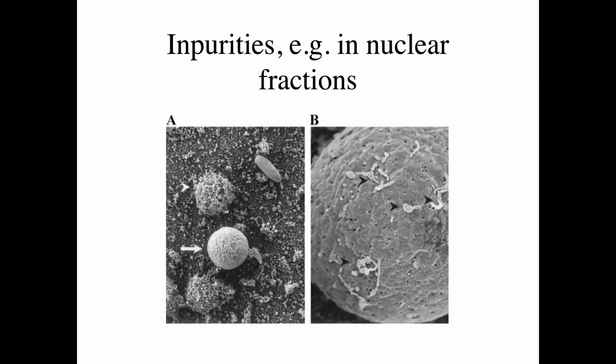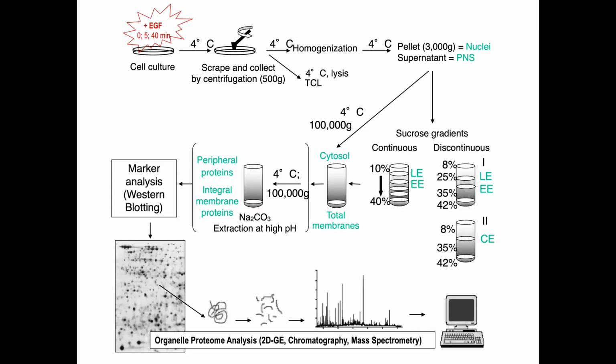So these are membranes of the endoplasmic reticulum. And you know, there is no surprise why the endoplasmic reticulum would distribute with the nuclei, because the outer nuclear membrane is in continuum with the endoplasmic reticulum. But it shows you also that the endoplasmic reticulum is a major organelle in the cell, and it will distribute in many parts of the gradient, not only on the bottom of the gradient.